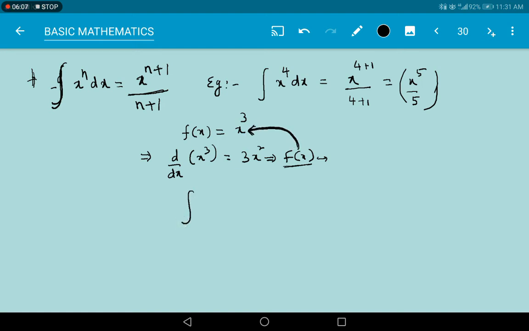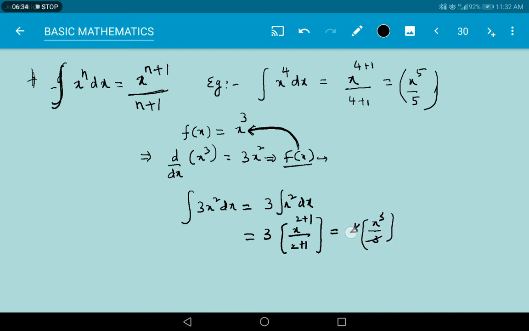Let us check it. Integration of the derivative, 3x square dx. So 3 is a constant, we can write it in front of the integration. So integration x square dx. So 3 into x to the power of n plus 1 by n plus 1. So what are we going to get? 3 into x cube by 3. Therefore we are going to get x cube.